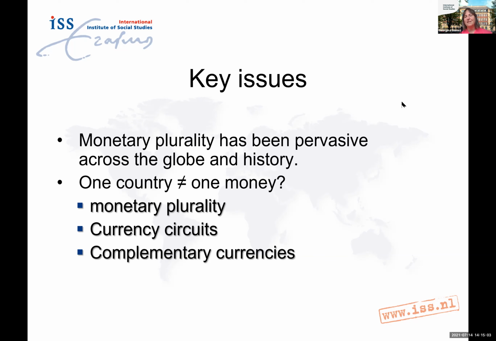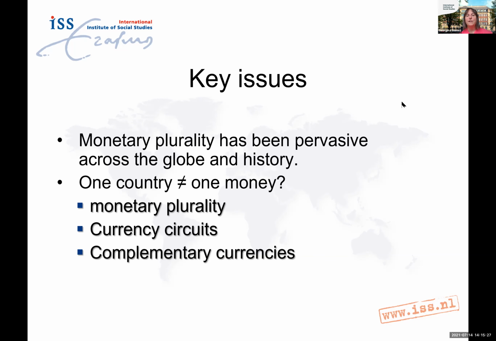But as a matter of fact, monetary plurality has been pervasive in history and across the globe, and this continues. So for people that study monetary plurality, we see this as part of a continuity, that the idea of one country, one money has never completely settled anywhere.